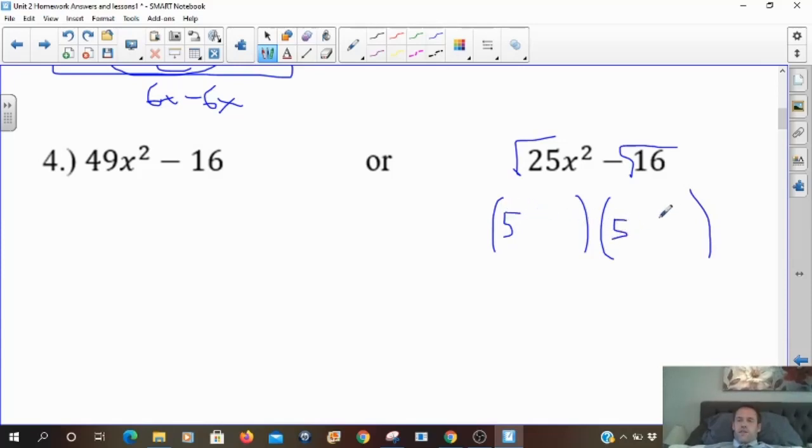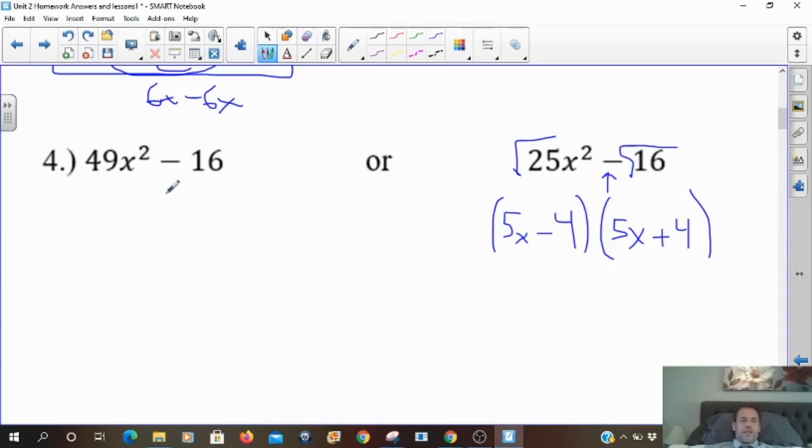So we have 5 and 5 and 4 and 4. And then x squared, of course, factors into x and x. Nice, nice. There we go. Boom. And then again, remember, it's because of the minus symbol. It's going to be a difference of squares, which our formula is minus and plus, right? Minus and plus. There we go.